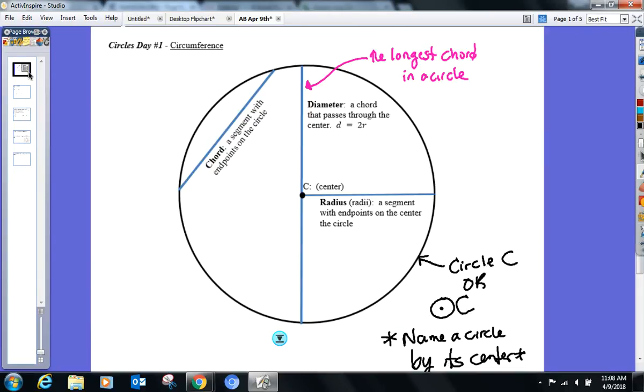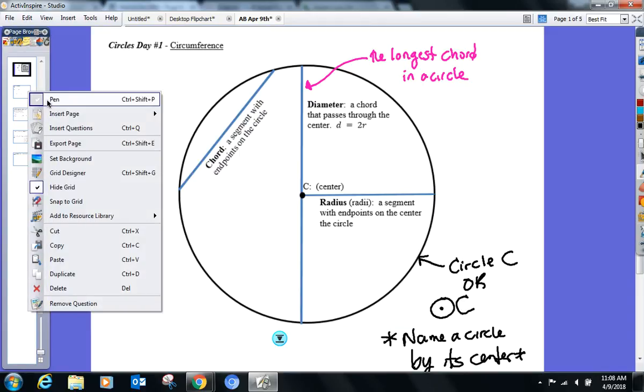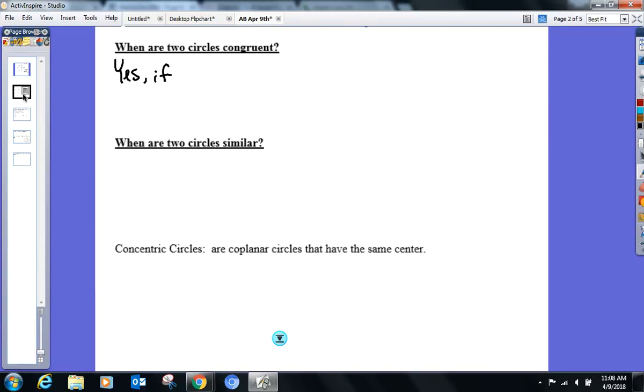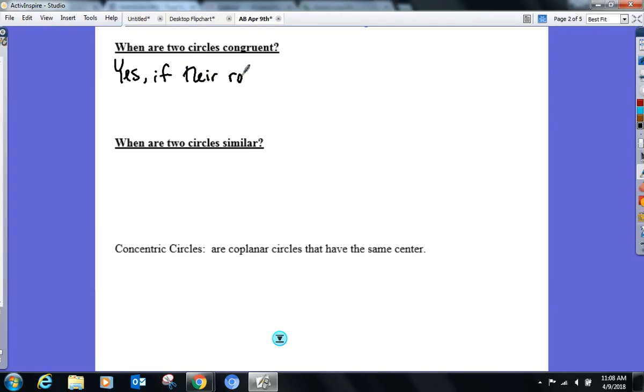Only if the radii are the same. And when I say radii, that's the plural for radius. It's not radiuses. All right? So if their radii are congruent. So if you hear me say radii, that's what I'm talking about.